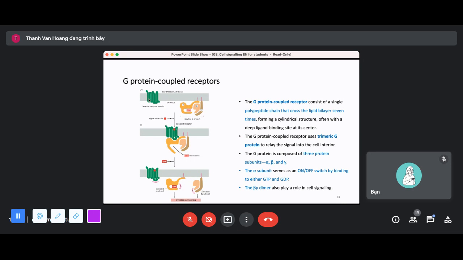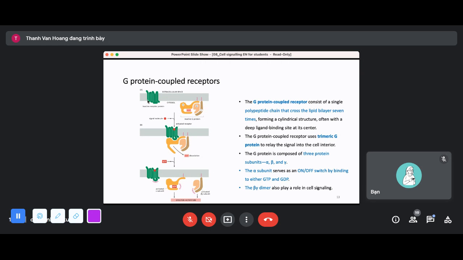First of all, let's talk about the receptor. The G protein coupled receptor consists of a single polypeptide strand that crosses the lipid bilayer of the membrane 7 times.